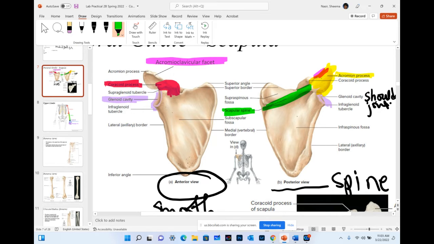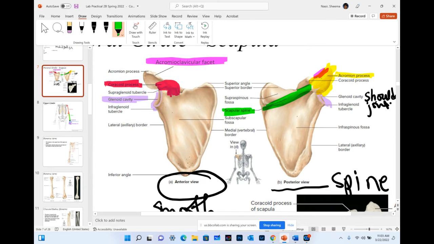On the yellow part, you can see the pink area, which is the acromioclavicular facet. And the lilac colored parts are your glenoid cavity that makes your shoulder joint. The fancy name for shoulder joint is glenohumeral joint because it is between the glenoid and humerus.